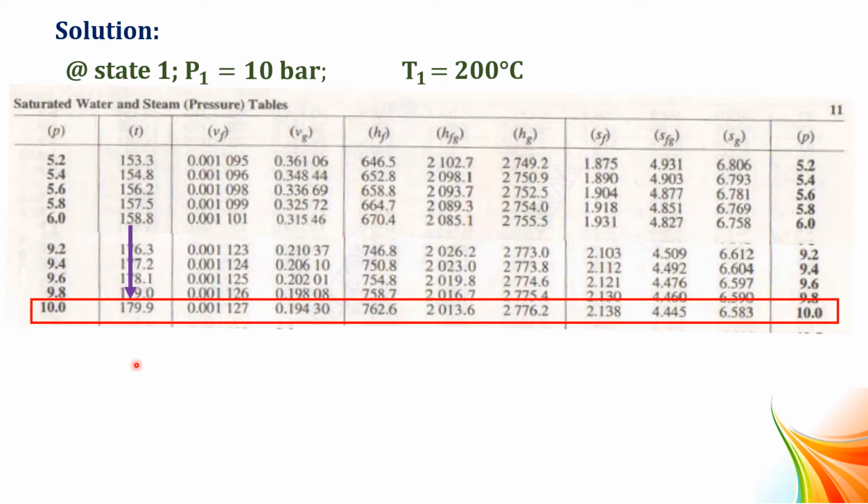So the saturation temperature Ts1 equal to 179.9 degrees centigrade. Now the saturation temperature is less than the temperature of steam at the inlet. Therefore, the steam is in superheated condition.